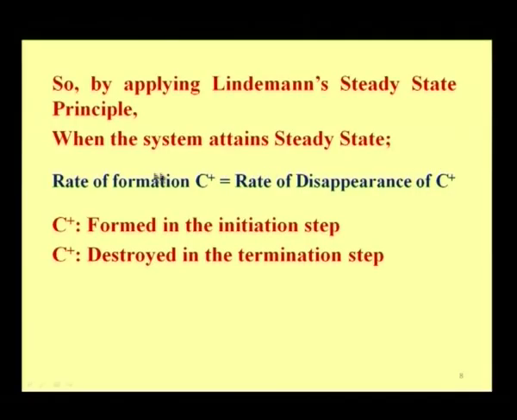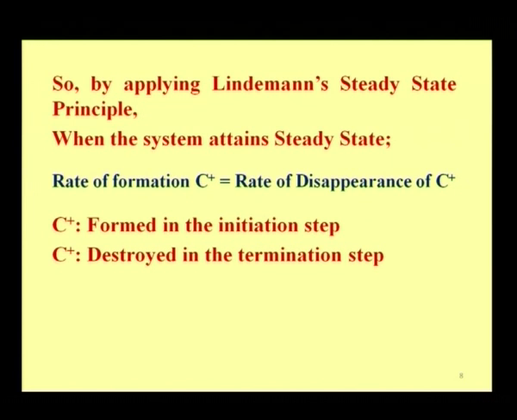So, because we cannot determine the concentration of the carbocation that is formed and which disappears when it takes part in the termination step, we generally go for the standard Lindemann's steady state principle. By applying this steady state principle, when the system attains a steady state, we say the rate of formation of the carbocation C plus is taken to be equal to the rate of disappearance, or destruction, of the carbocation in the termination step.